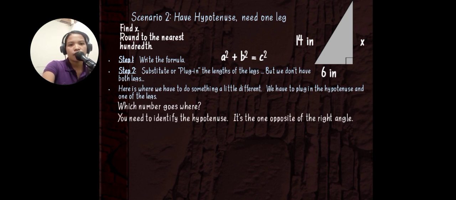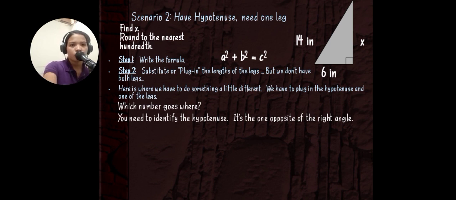So you need to identify the hypotenuse. It's the one opposite the right angle. So don't forget that the hypotenuse of a right triangle is always opposite its right angle.